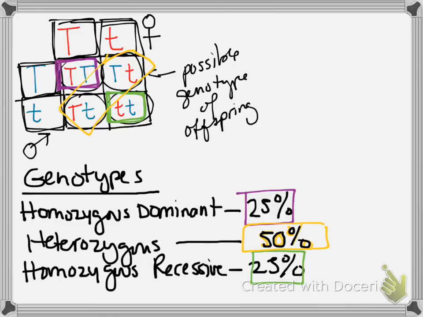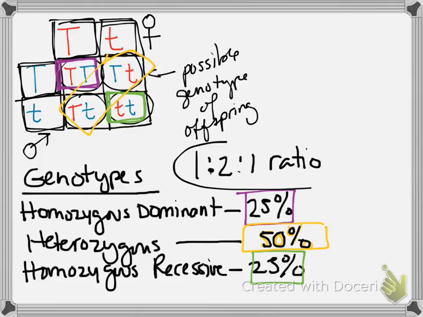Those are our genotype ratios, and they're very often expressed as a 1 to 2 to 1 ratio. Not ration, ratio. I got carried away. So we say that for a heterozygous cross, why is it called a heterozygous cross? What were the parents? They were both heterozygous.